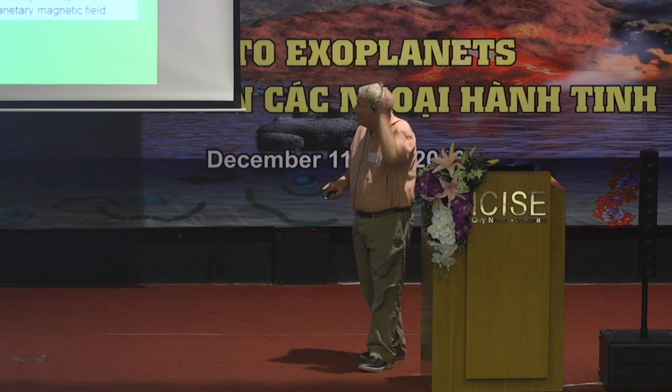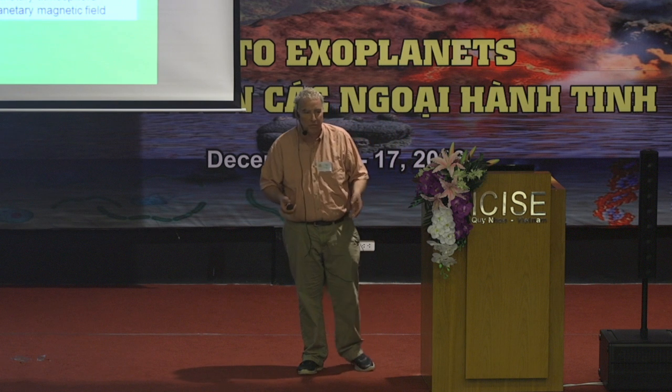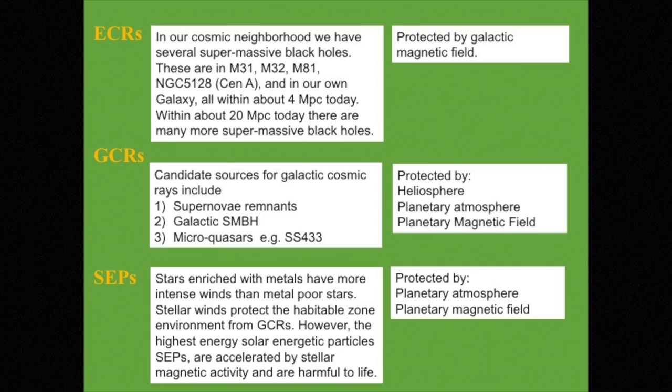So considering three types of high energy particles that interact with the Earth's atmosphere, producing air showers, we can break those into three groups: the extragalactic cosmic rays, which are from sources that have black holes, that have large amounts of star formation activity, like M82.